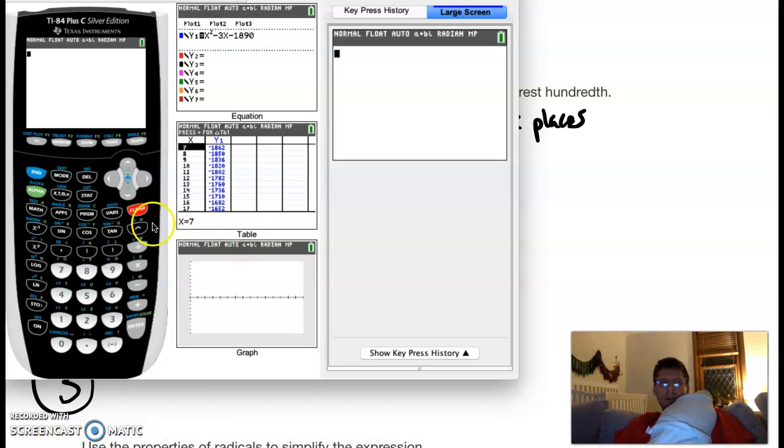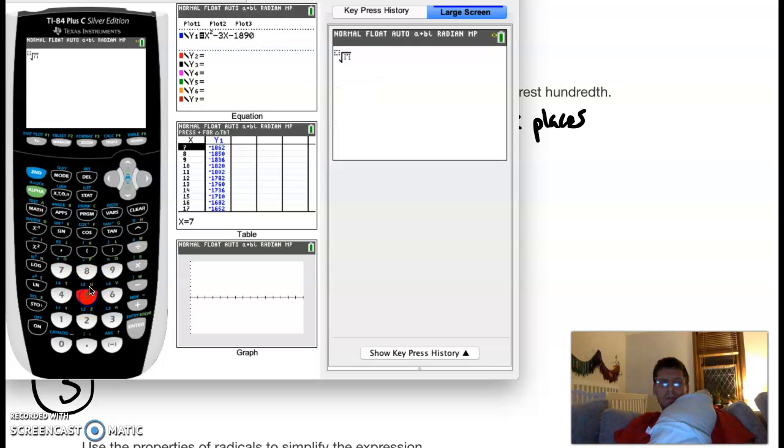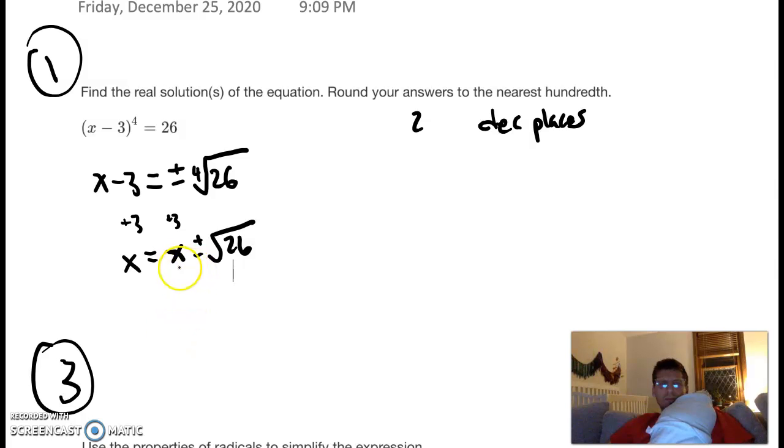When I do the 4th root of 26 here, I round that to 2.26. This is supposed to be a 3, sorry.